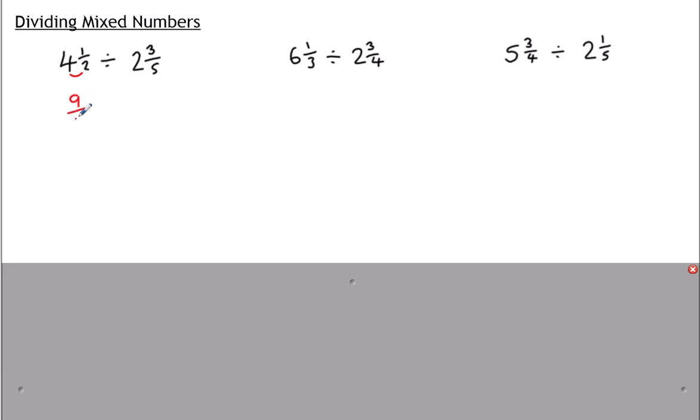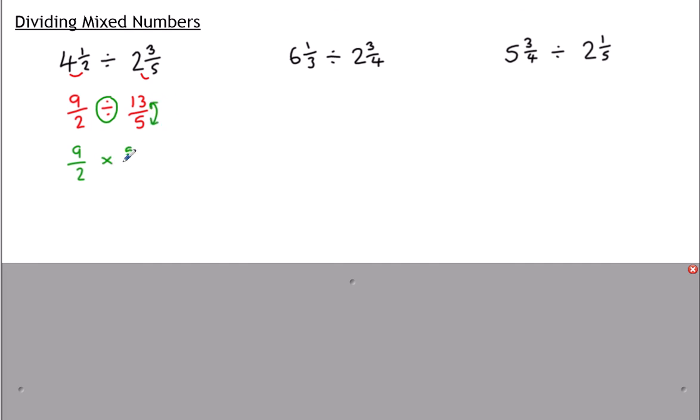So 9 over 2 divided by, leave it as a divide for now, 2 times 5 and the 3 on top is 13 over 5. Now this is where it's got an extra step. You're not allowed to divide by a fraction, or you're allowed to, but you can't do it. So rewrite it as multiply and flip.